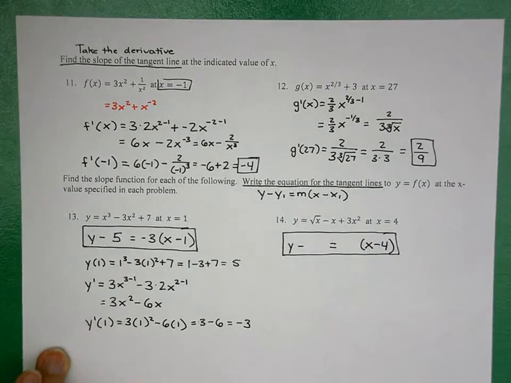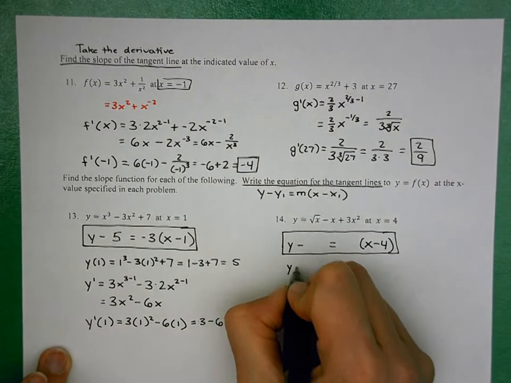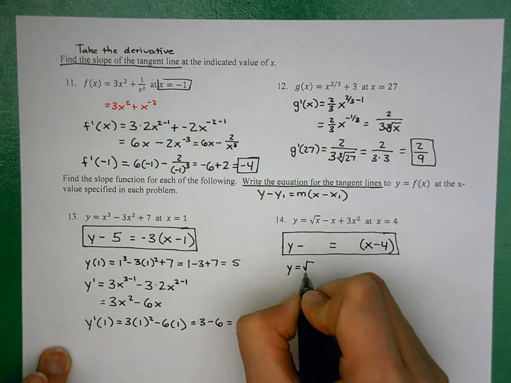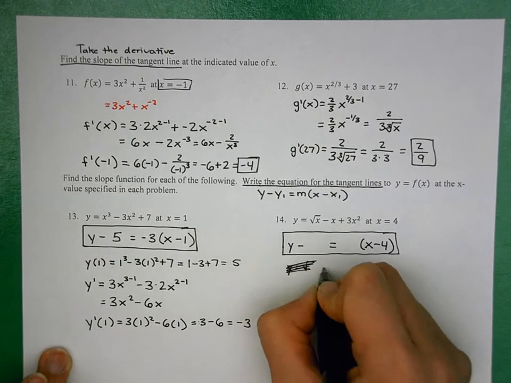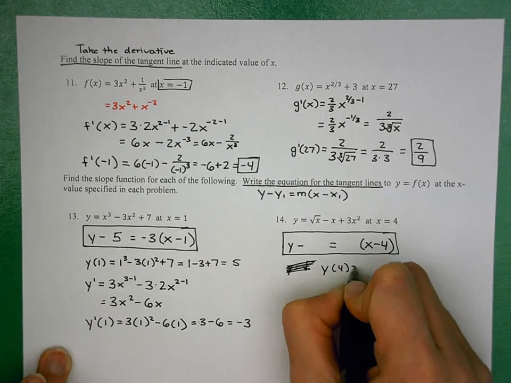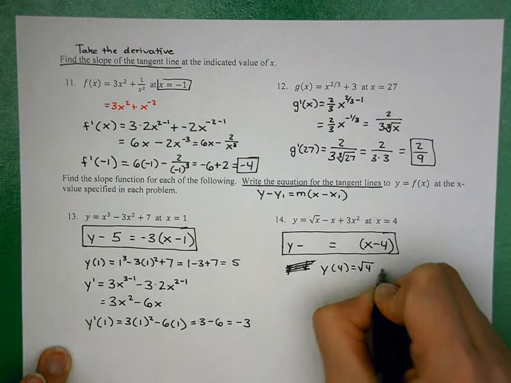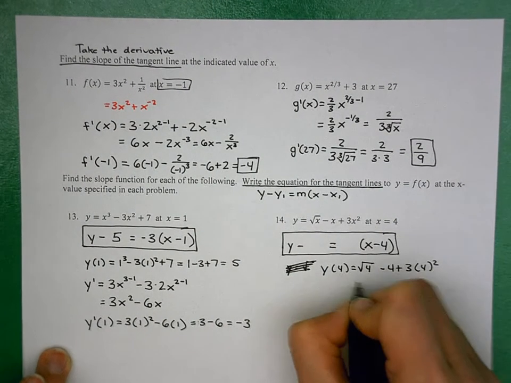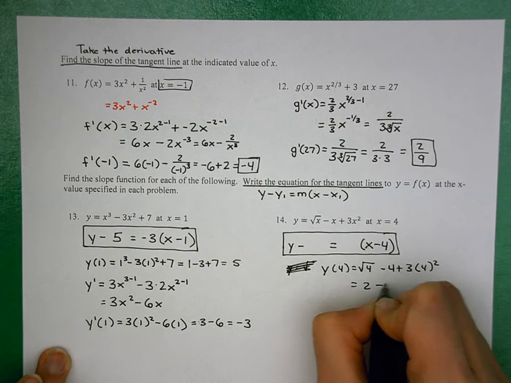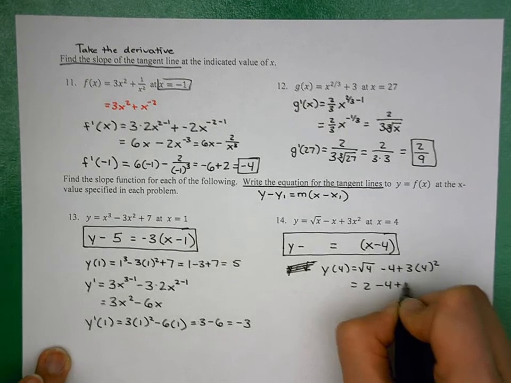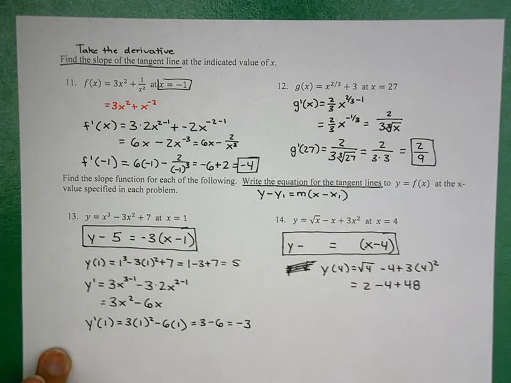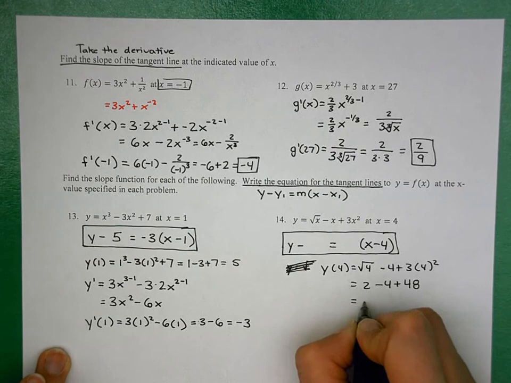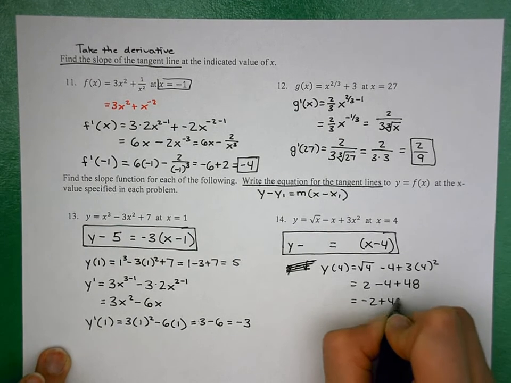Okay, my y is y of 4. My y is root 4 minus 4 plus 3 times 4 squared, which is 2 minus 4 plus 16 times 3, or 48, which is negative 2 plus 48, or 46.